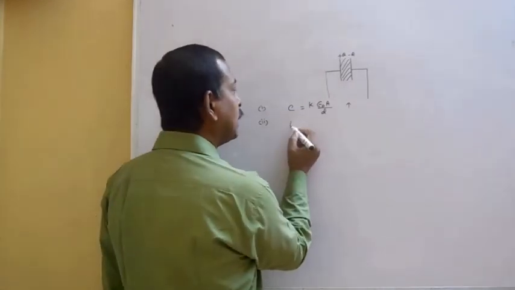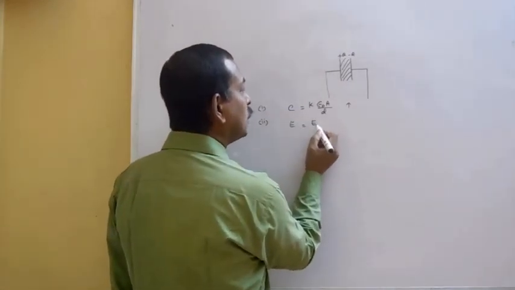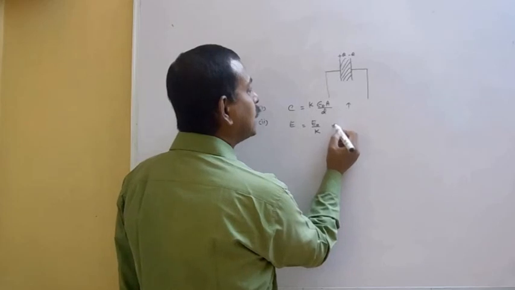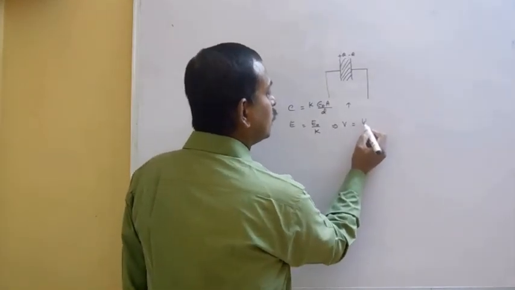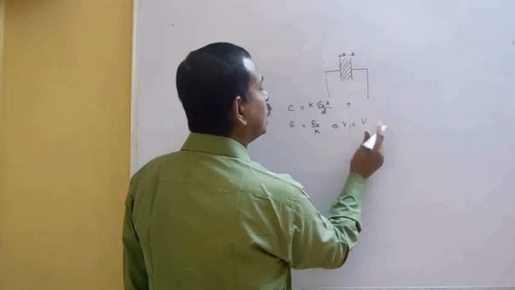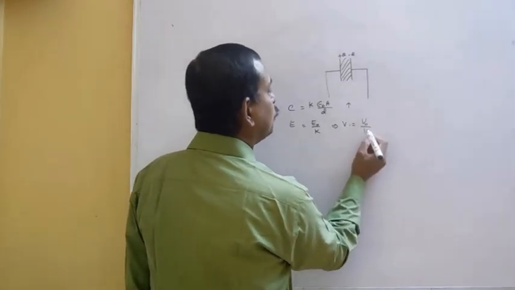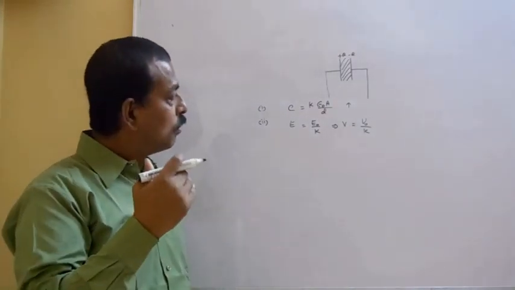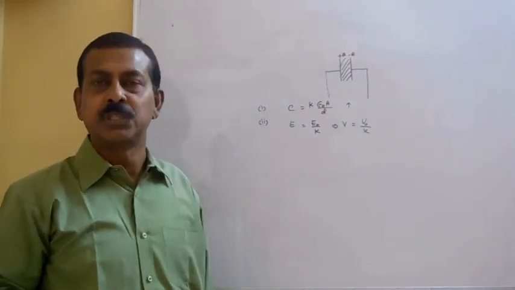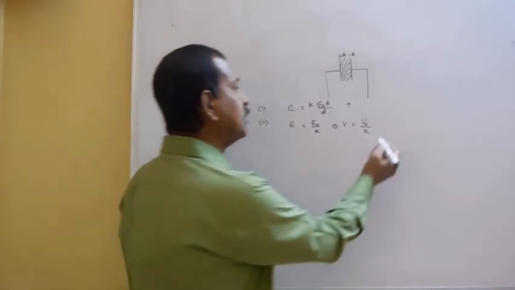So the electric field here will become E naught by K. As a result, the potential will also become V naught by K. That means it will become 1 by K times the original value. That means we can say that it decreases.